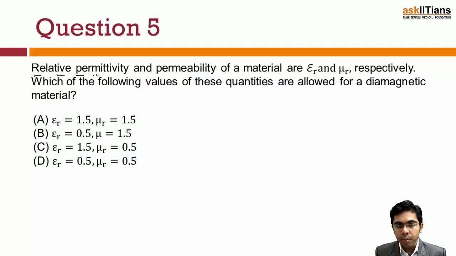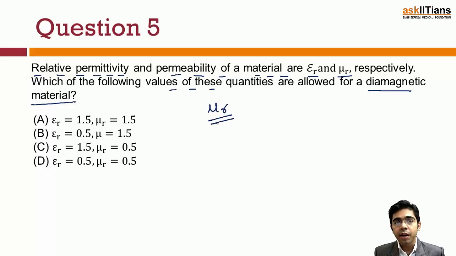The relative permittivity and permeability of a material are epsilon r and mu r respectively. Which of the following values of these quantities are allowed for a diamagnetic material? They are asking to find out mu r.